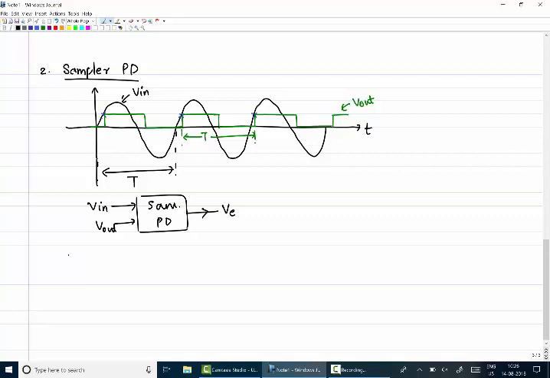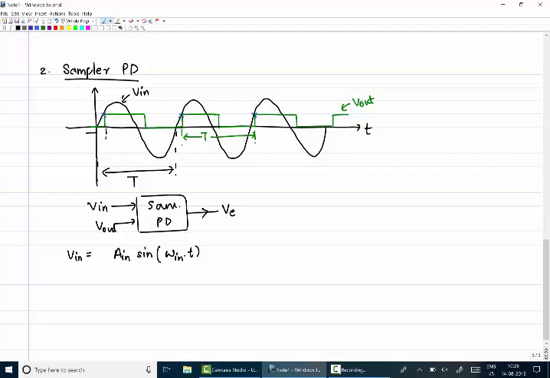So what is the output of this phase detector? V error is equal to A in times sine of omega in times t. Sorry, this is my V in signal. Okay, and at what instant am I sampling?